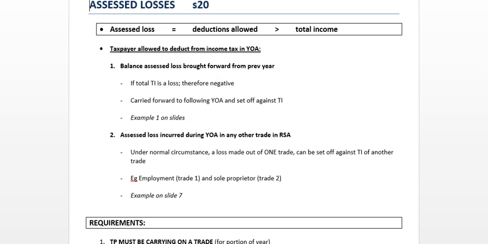so an assessed loss is when your deductions allowed is more than your total income. So the taxpayer is allowed to deduct from income tax in the year of assessment the balance of assessed loss brought forward from the previous year. So you are allowed to bring the balance of your assessed loss from the previous year forward to the current year and use it as a deduction.